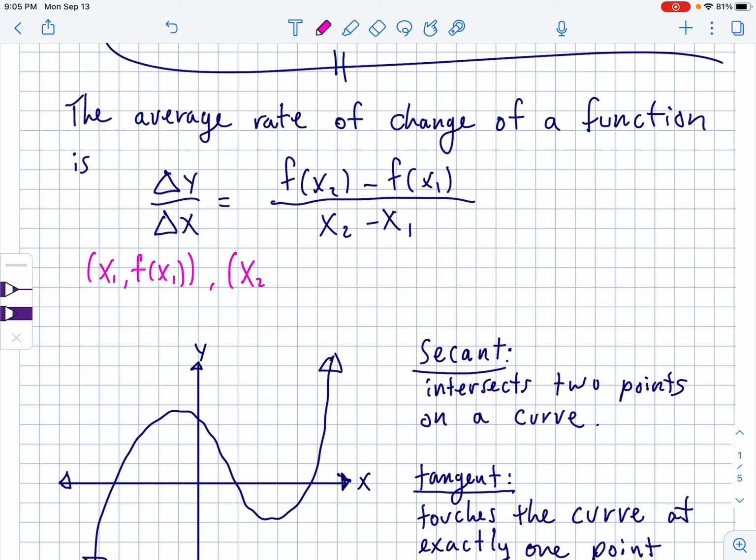If the second point is x2 is the input, then out of the function, you would get f of x2. So this part looks very confusing, but it's actually just a sneaky way to say rise over run, or this is slope, essentially, which in the IB curriculum is the word gradient.